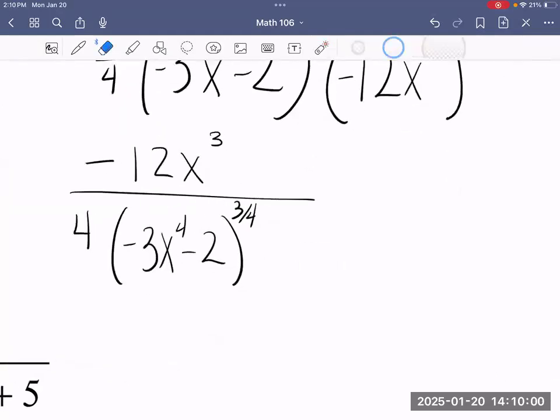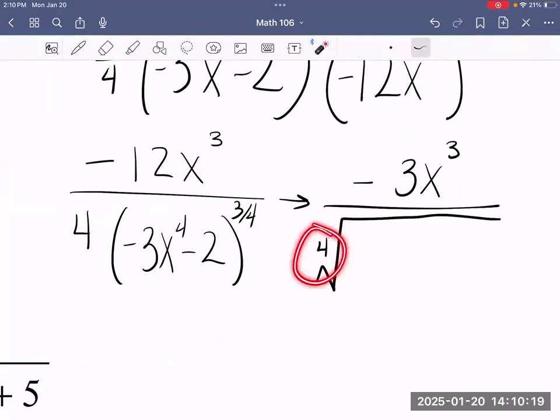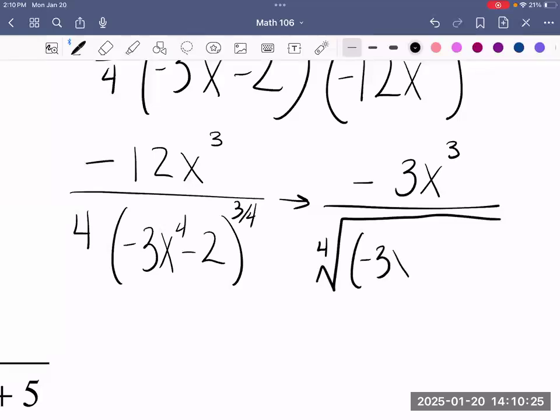So we'll transform this one more time into a radical. At the same time, we can simplify the 12 and the 4. So we have negative 3x cubed all over the degree on the outside, which is the power in the denominator: the fourth root of negative 3x to the 4th minus 2, and that'll all be cubed.